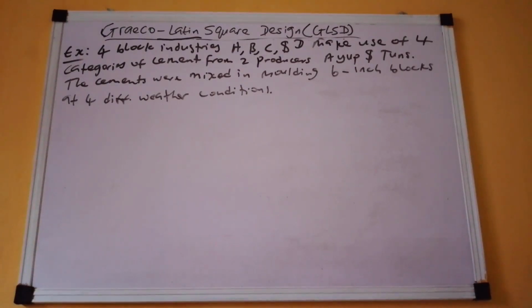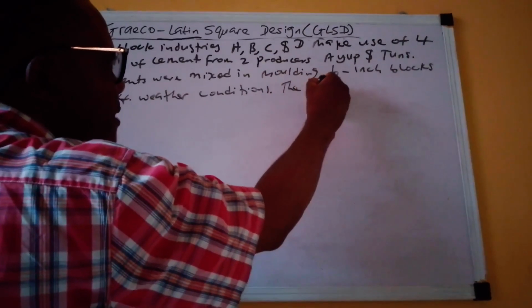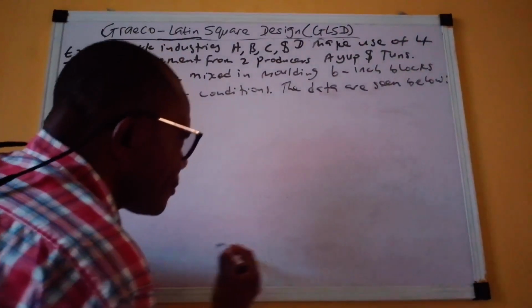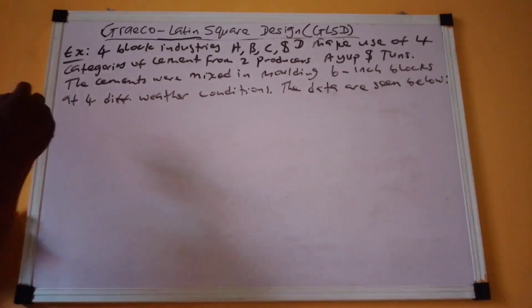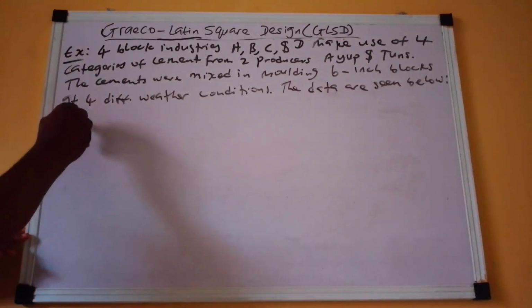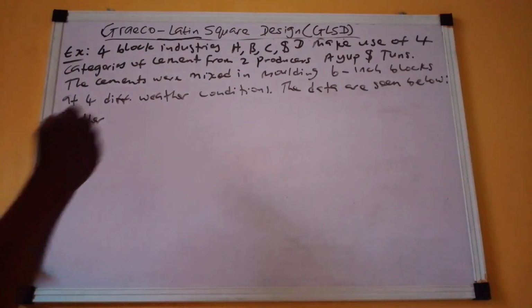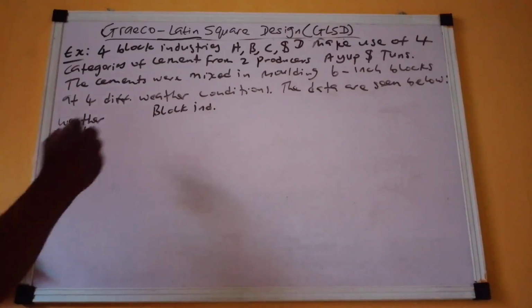The samples are sent to the lab, and the data are seen below. Now let's see the data and the question. Let's write the data before we write the question. We have the weather condition and the block industries.